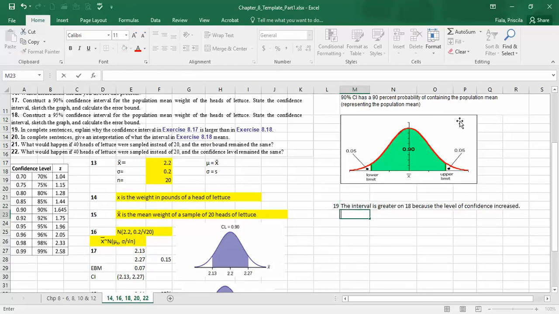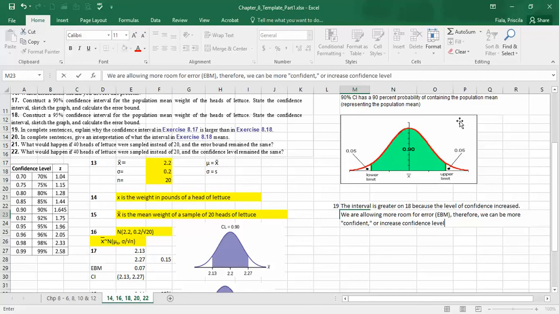We could say we are allowing more room for error. Therefore, we can be more confident, or increase the confidence level, which results in larger intervals.